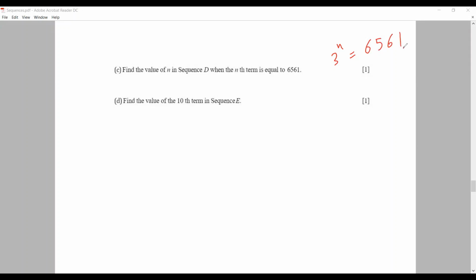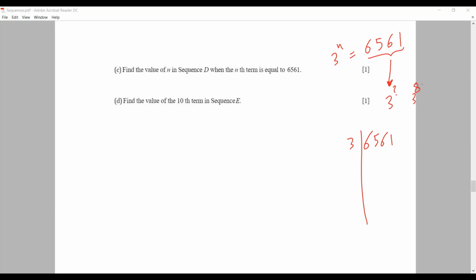My guess is that the right-hand side is a power of 3, so what should I put as the index? You can keep dividing this number by 3 and see how many times it is divided. You can use a calculator for that. I believe you should get 3 raised to the power of 8, right?